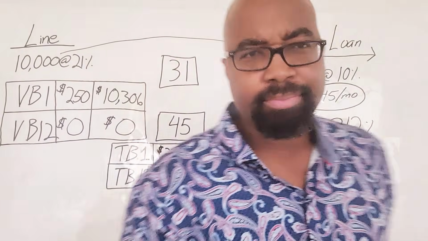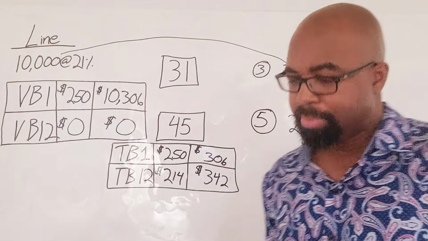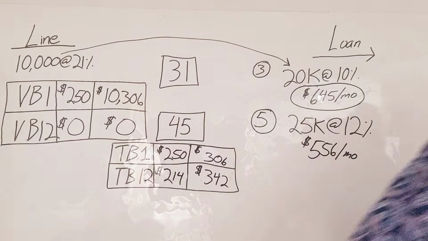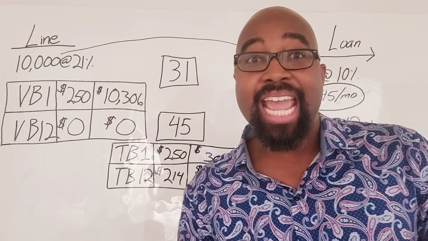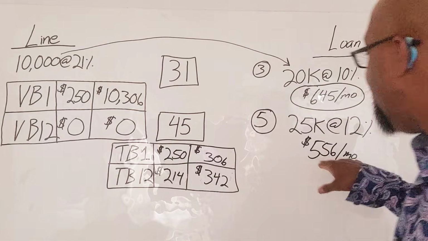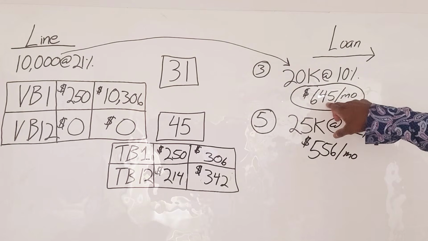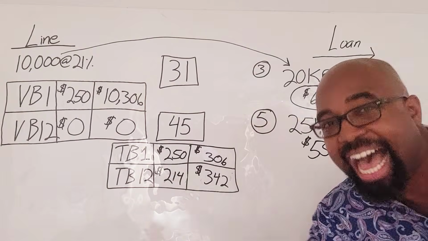So really, paying that loan off would be an investment, right? I mean, isn't it a bigger investment than your IRA? Has your IRA netted you $556? Has your IRA netted you $645 each and every month with all that you've been putting inside of it?